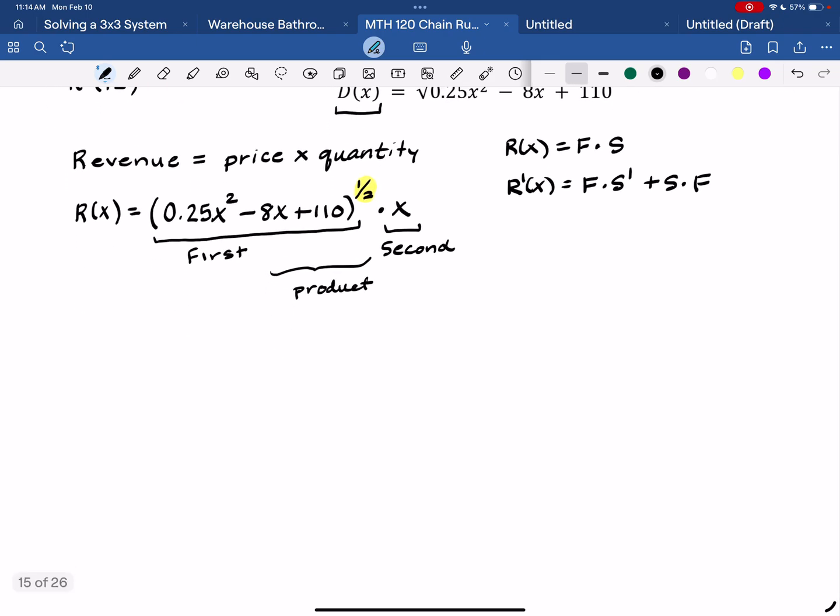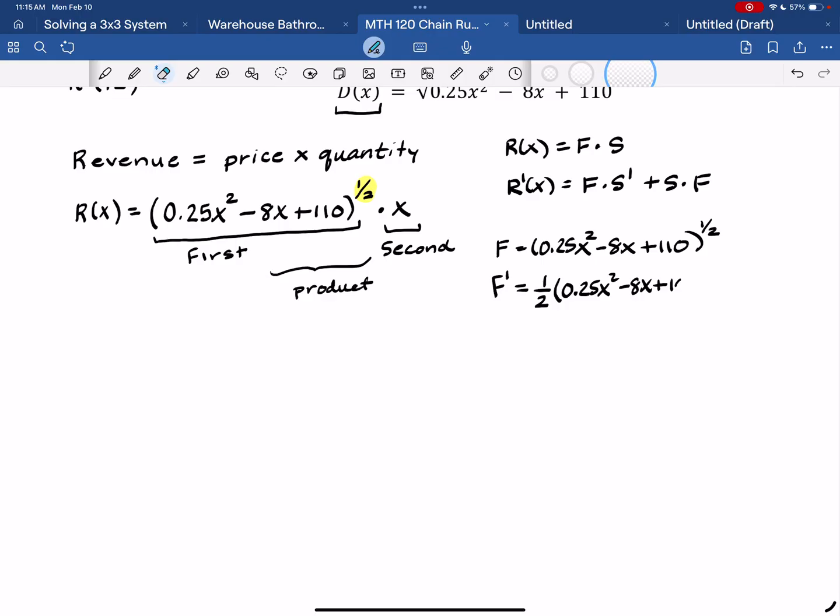So I'm going to write my first function, 0.25x squared minus 8x plus 110 to the 1/2. And then when I take the derivative of this, I have to use the chain rule. So my chain rule here, first of all, power times the base. That's 0.25x squared minus 8x plus 110.